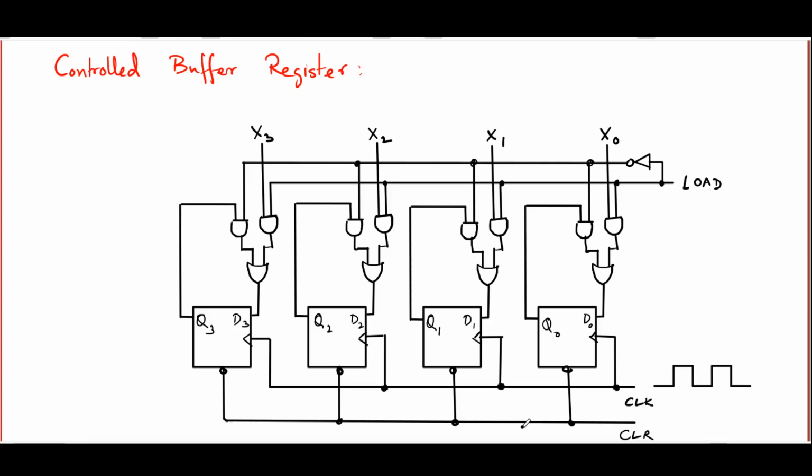If clear is high, then nothing happens. When clear suddenly goes low, then the clear signal is given to each and every one of these D flip-flops and the outputs of each one of them goes to 0. So at the very beginning, you may just send the clear signal and force the buffer register to store just 0.